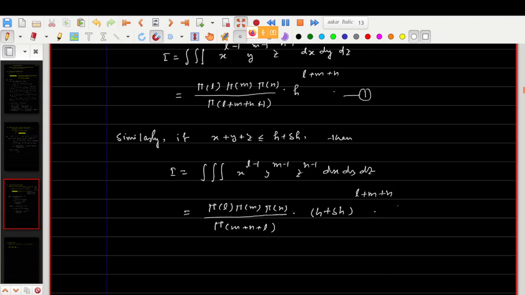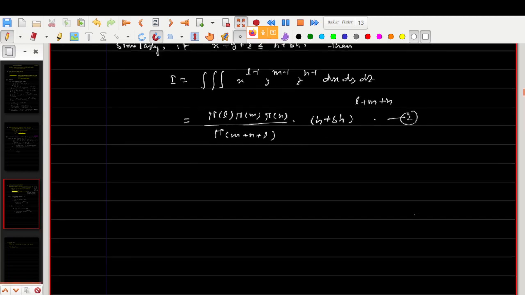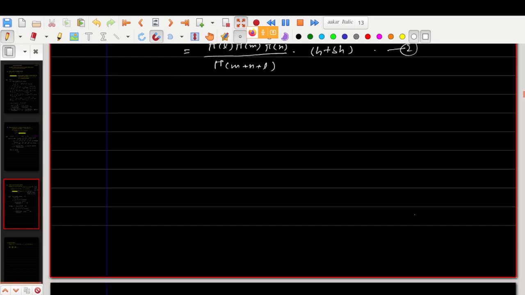So write this one as 1 and this one as 2. Now in order to get the integration, you just subtract them.